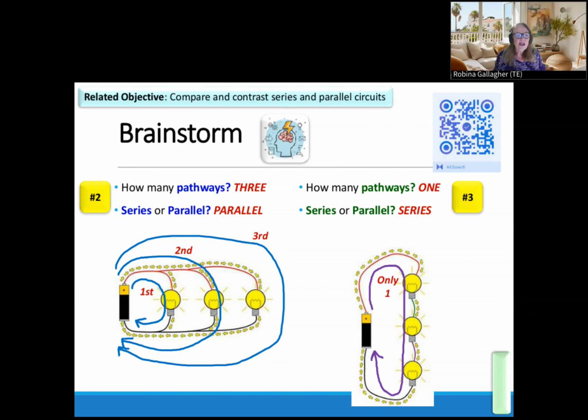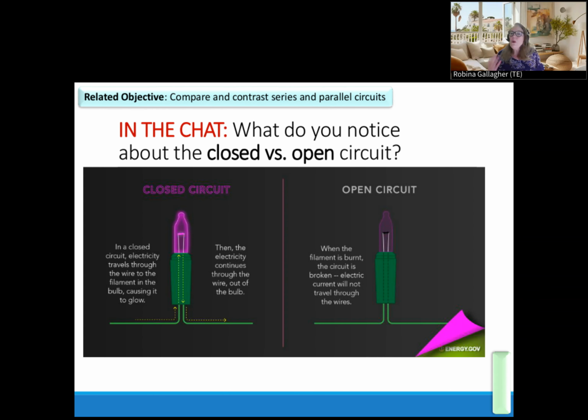So when we look at an incandescent light, now LEDs are a little bit different, but in an incandescent light, the electricity comes into the light through a wire that comes up, and then there's a filament.